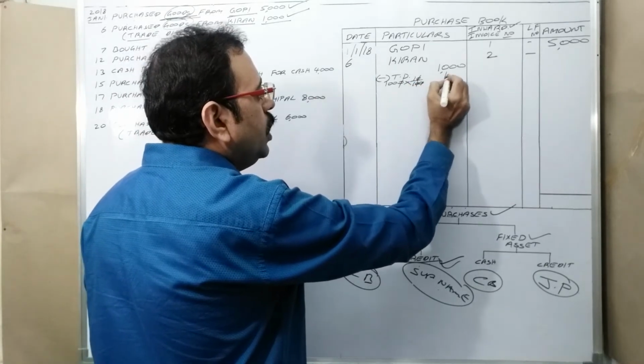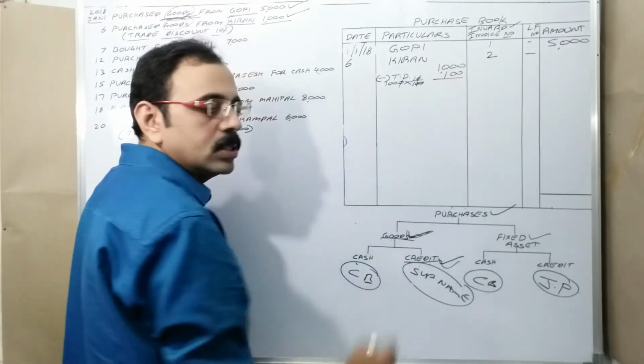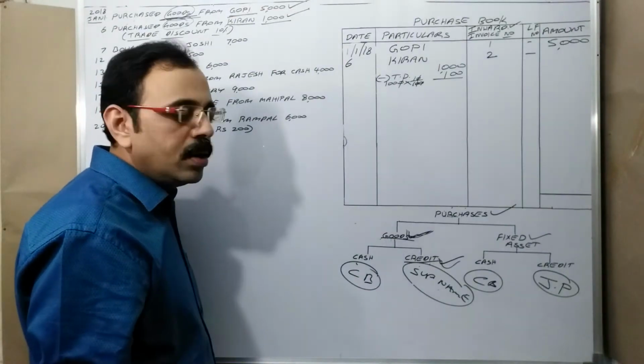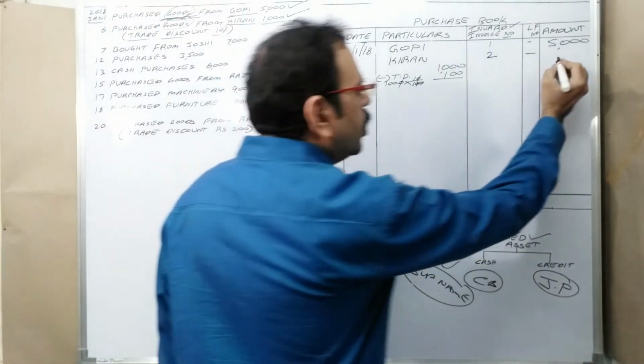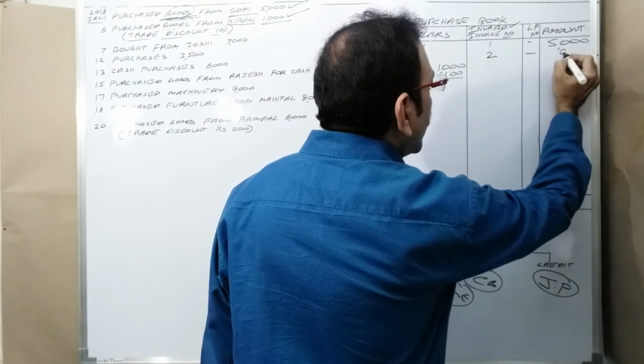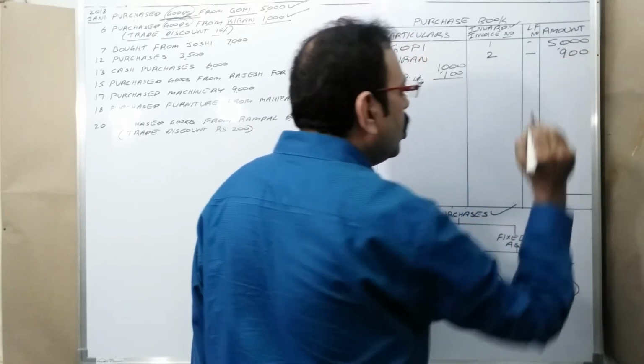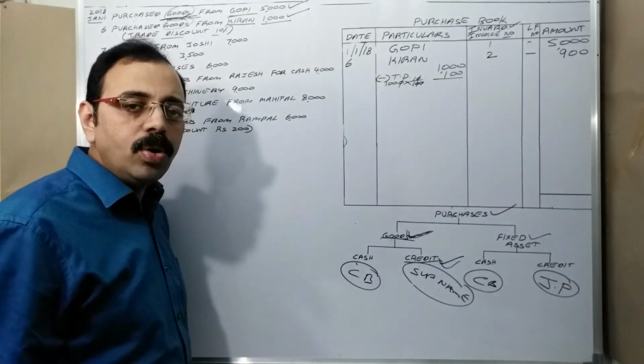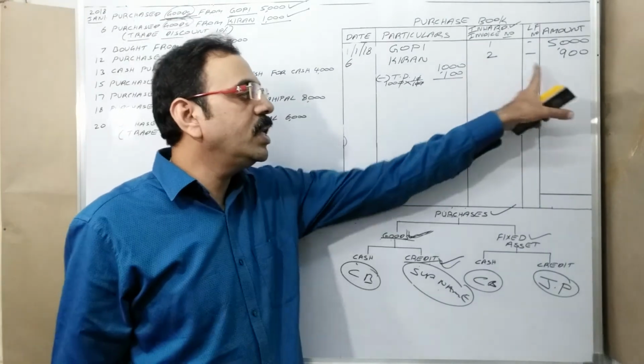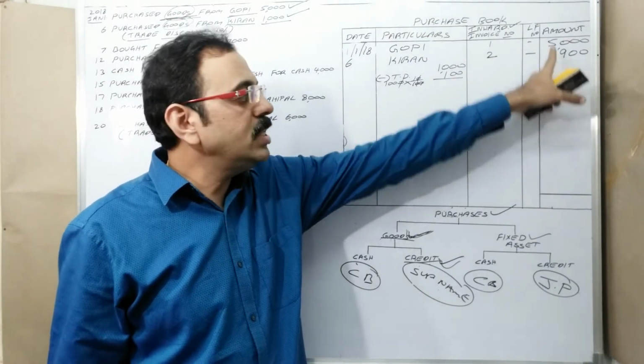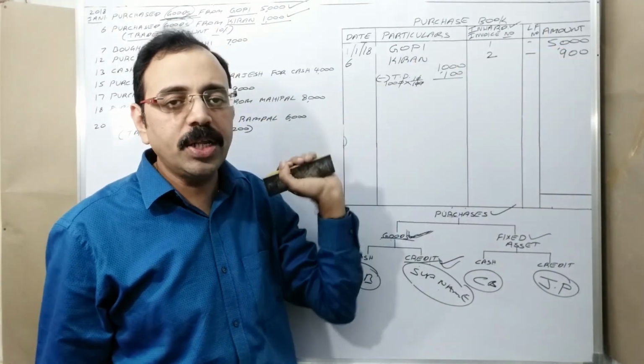How much will it be? 100 rupees. Deduct that, and the remaining 900 rupees you should write in the amount column. Remember, we need not show the trade discount in the books. It means in the amount column I am not writing the trade discount 100 rupees.